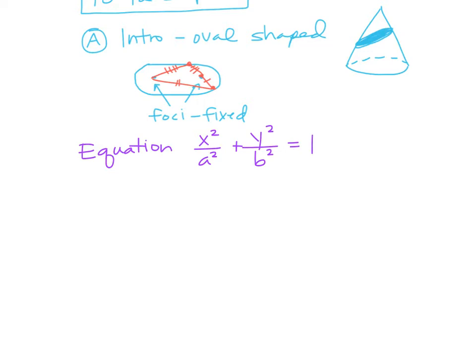And that is always what our equation will look like. And this is for when the center is at 0, 0. What we're going to do for all of 10-4 is a center of 0, 0. So you don't need to worry about the center moving right now. Eventually, I think 10-6, we get to a different center. But for today and tomorrow, all we're doing is a center of 0, 0.